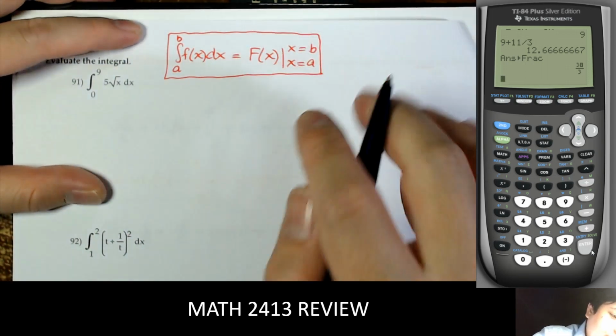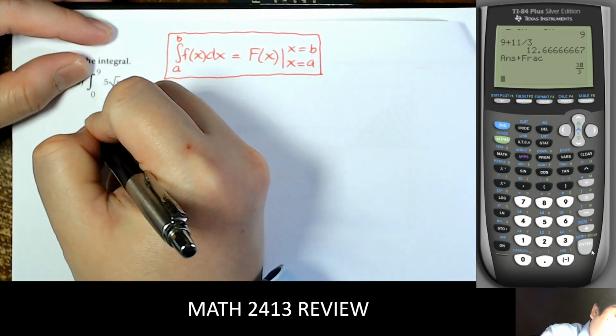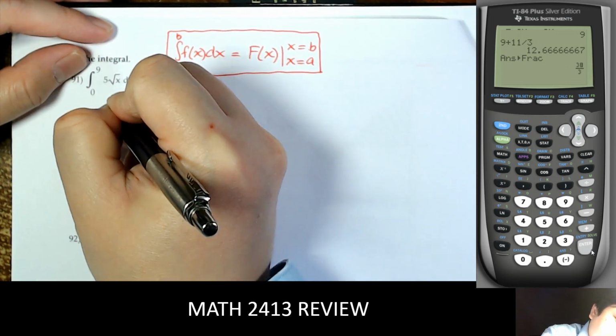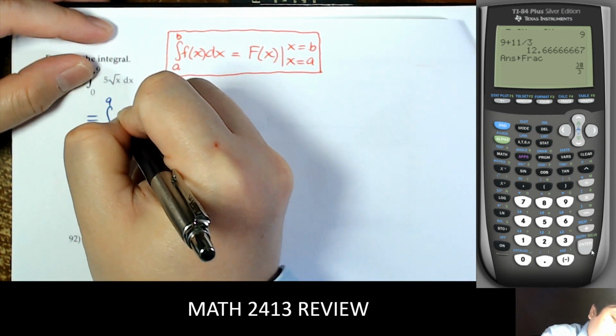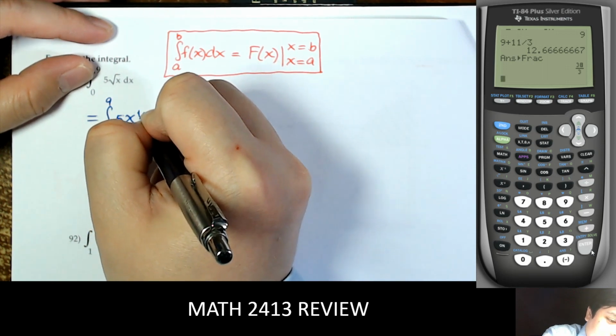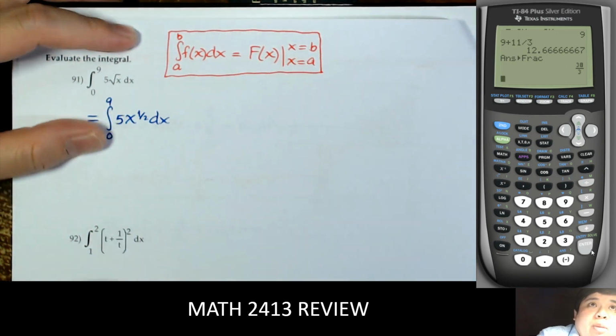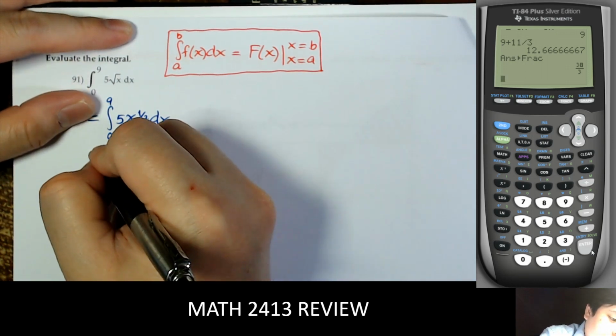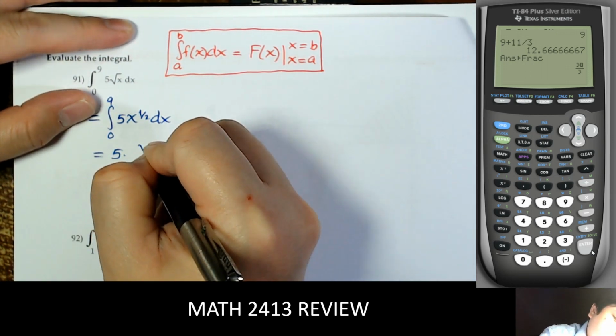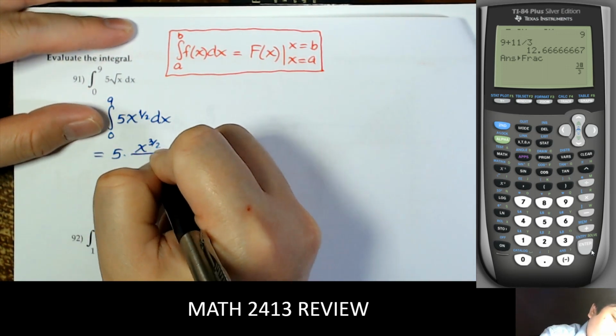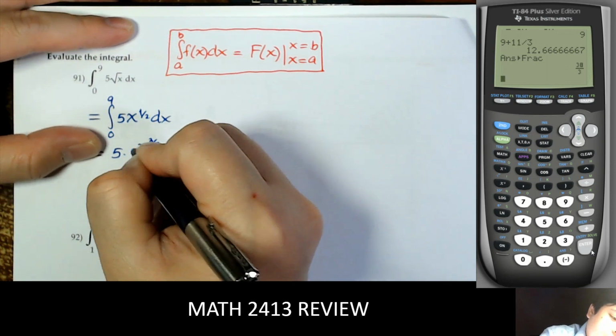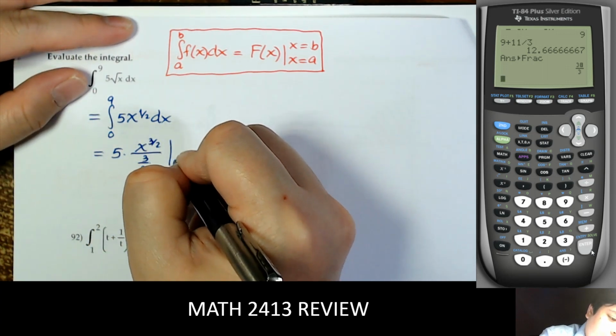Right. So first, it is easy to integrate if we have x in the power. So we can use the power rule. X to the 3/2 over 3/2 from 0 to 9.